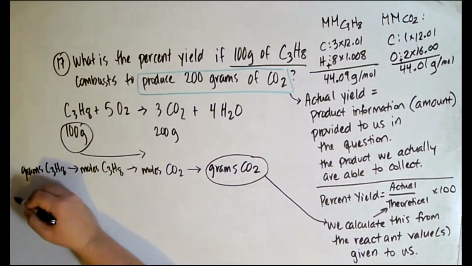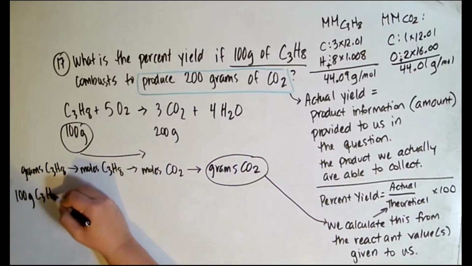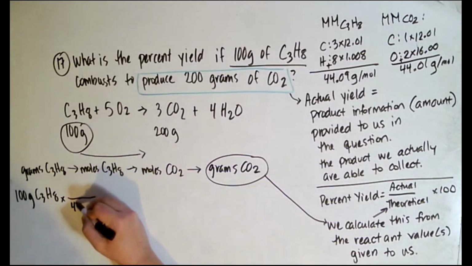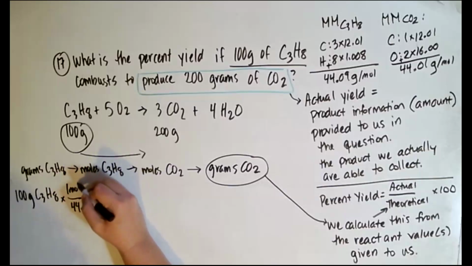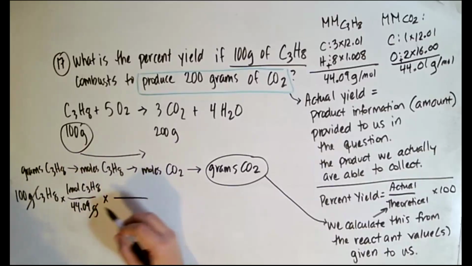Okay, so we've got 100 grams of C3H8. We said there's 44.09 grams in 1 mole. Step 2, we're going to go from moles of C3H8 to moles of CO2.